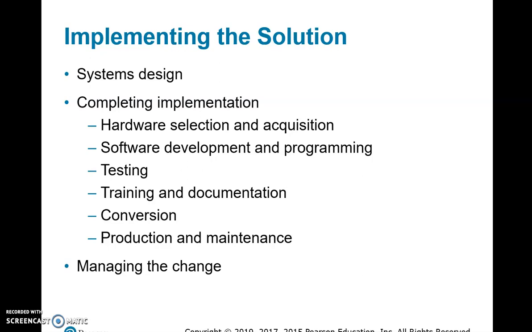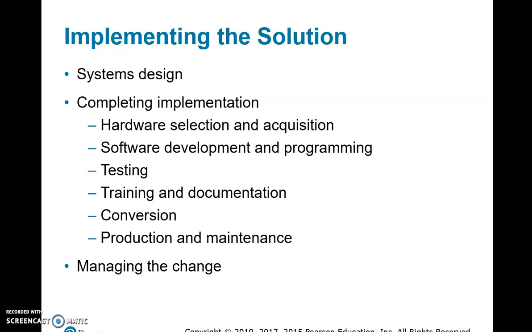For that, you need to select hardware, acquire hardware, develop software, program the software, and make sure that the testing is done, and the training and documentation like we talked about. Then comes the conversion to the production system, which is going to be on the main computers, or client server computers.